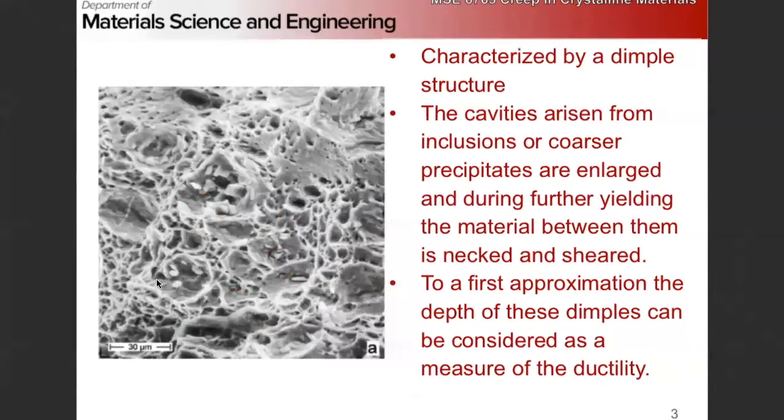These cavities will typically arise from inclusions or precipitates, right, where you nucleate a void that grows larger during yielding, right? The material between the voids necks and becomes sheared. Right? So basically, this is the micro scale equivalent of a classic cup cone failure in a tensile test, right?